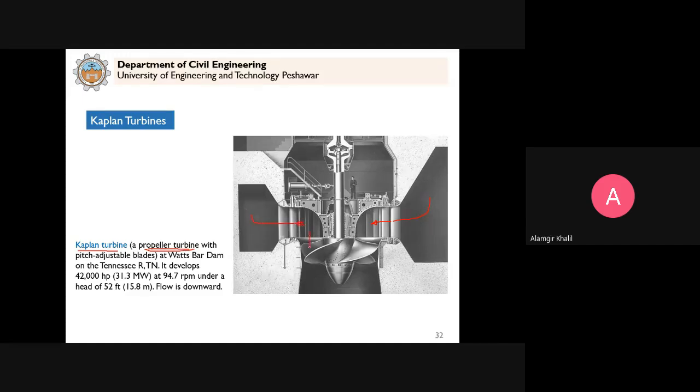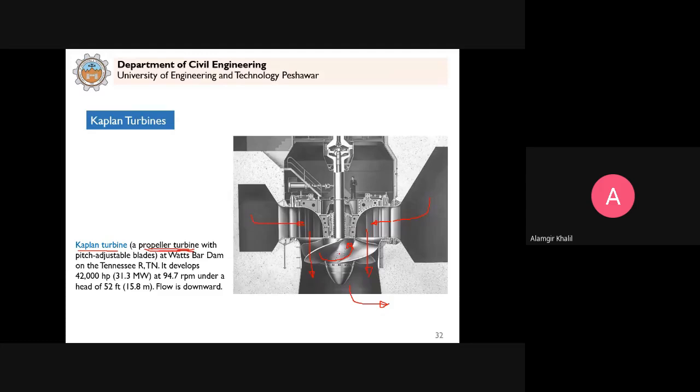And then the water will flow here parallel to the axis of rotation. So that's why you can see here that this is a propeller type of turbine. The direction of movement of flow is parallel to the axis of rotation. So as a result of which this will rotate. And then the water will join the tail race.